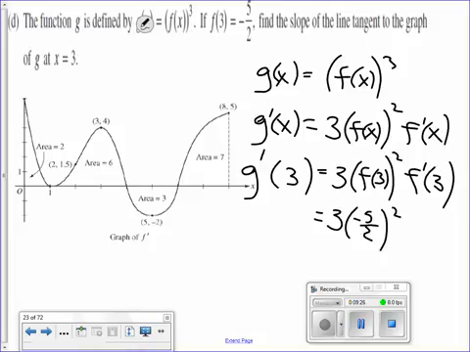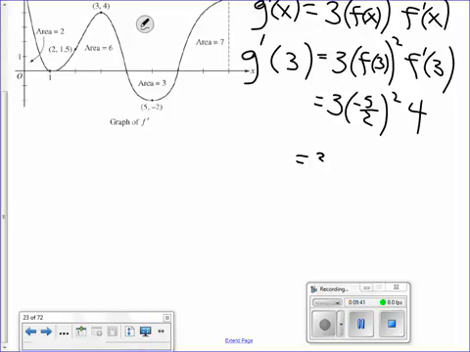Now what are we going to do for f prime of 3? Oh, yeah, we got a graph with f prime. So f prime of 3, if we read the graph, is 4. So we have 3 times 25 fourths times 4. The 4's would cancel, and we get 75. You see this coming through the chain rule in there.